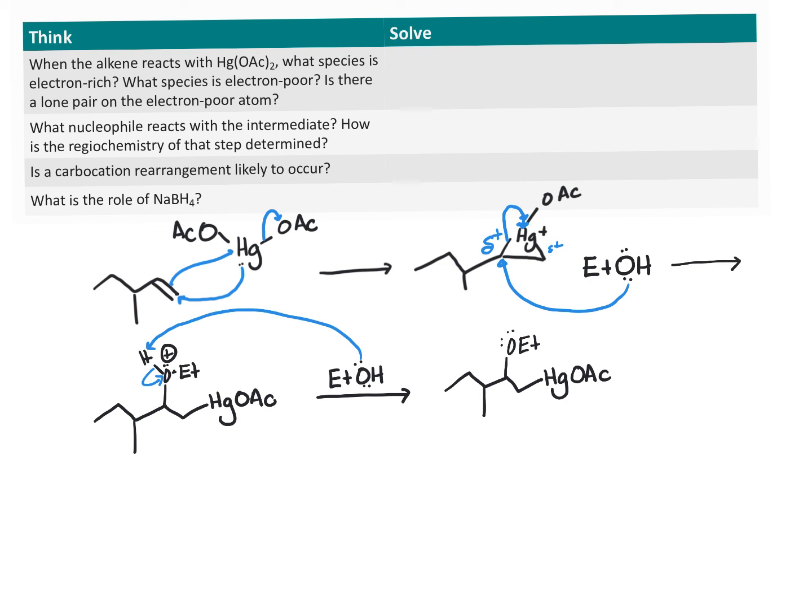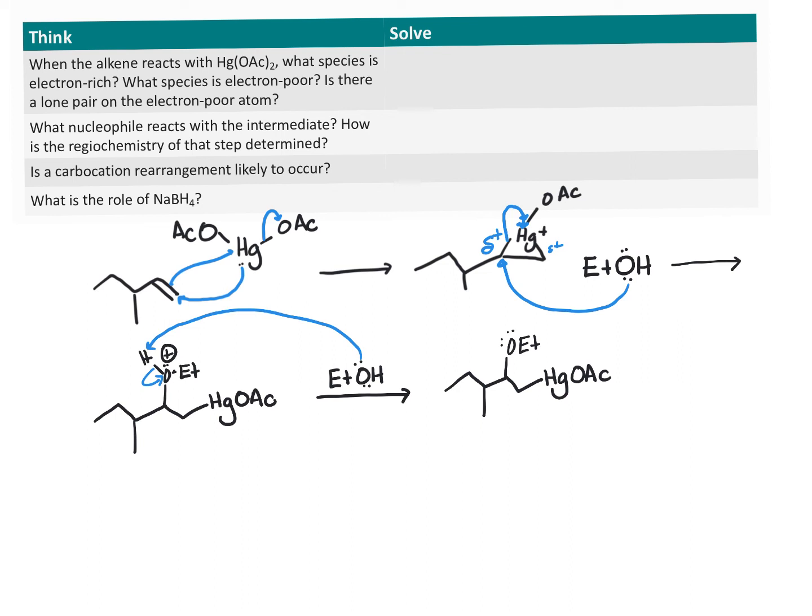Okay. Now, the next question we ask ourselves is, are we going to have a carbocation rearrangement? The answer is no, because this is the oxymercuration reaction, right? We've got those partial positive charges, so we're not going to see any rearrangement here.